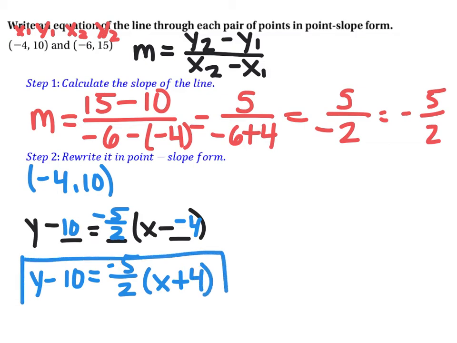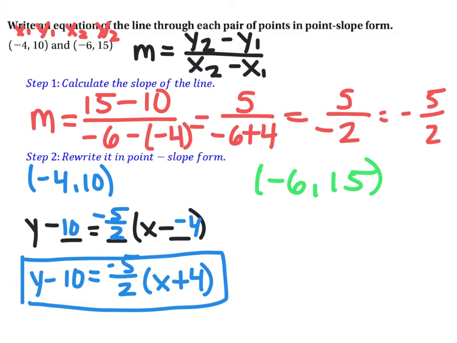Now, if instead you had chosen the point -6, 15, you would also still substitute it into that same original general formula.